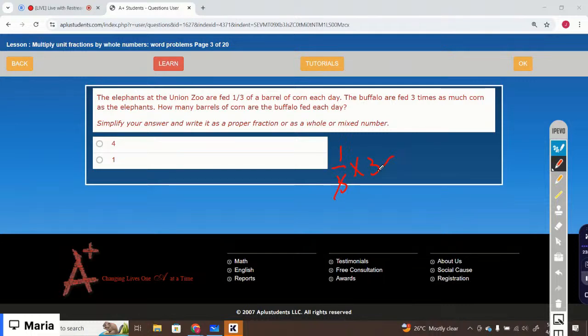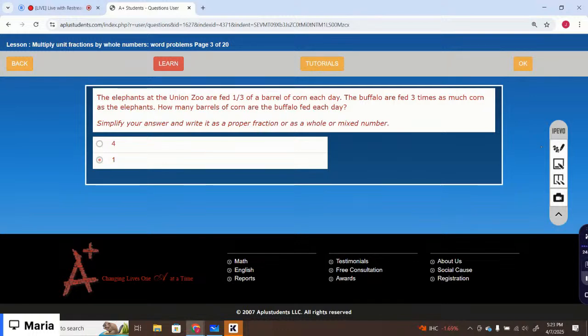3 and 3 cancel out each other, you are left with 1. So that means there is only 1 barrel of corn that the buffalo are fed each day. So the correct option is option number 2. 1 it is.